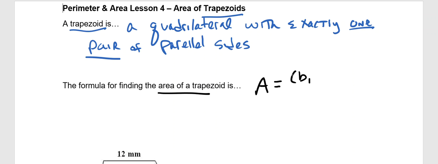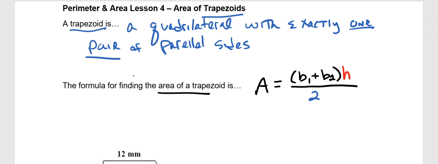So we say parentheses, B1 plus B2. So these are going to be our two bases, okay? And once we add those two bases together, we're going to multiply times the height. And then when we're done with that, we're going to finish up by dividing the entire result by 2.